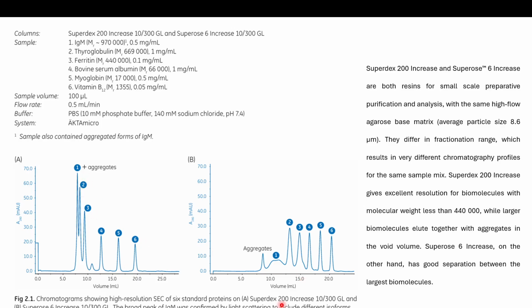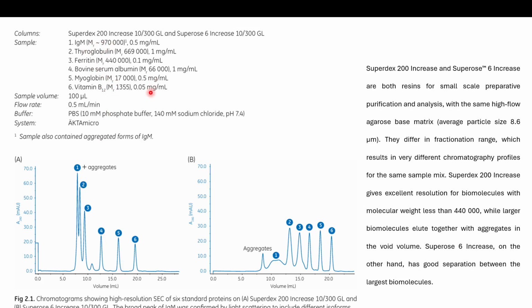For this particular SEC column, this is how the peaks will look. All these individual peaks belong to a certain molecular weight of a biomolecule or protein. Here all of these are proteins.